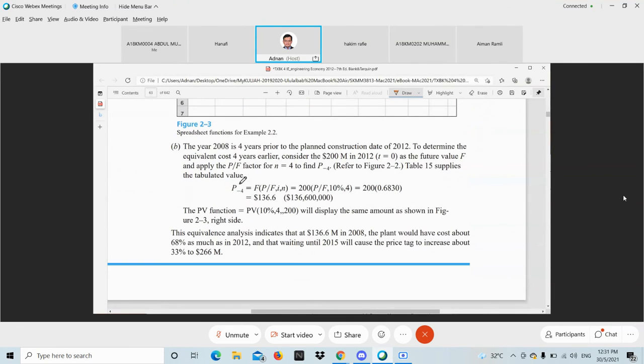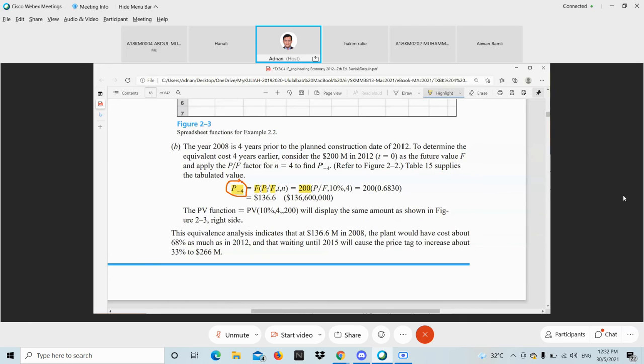The present, P minus 4, okay, which is 4 tahun lepas lah. So what is the future? Okay, the future, which is now, which is 200. Kita lihat ini sebagai future kerana kita berada di masa yang lepas. Okay, so 200. So we want to know what is the value of P given the future.